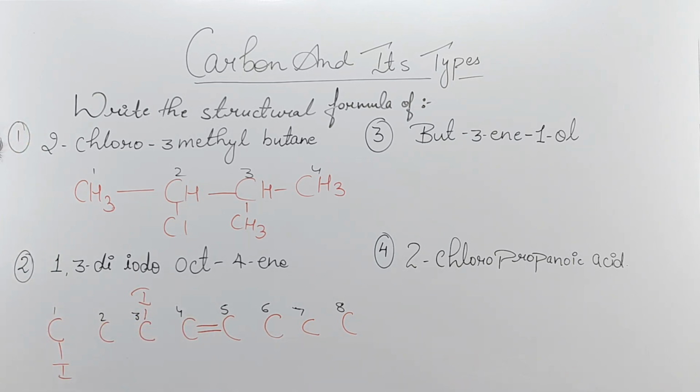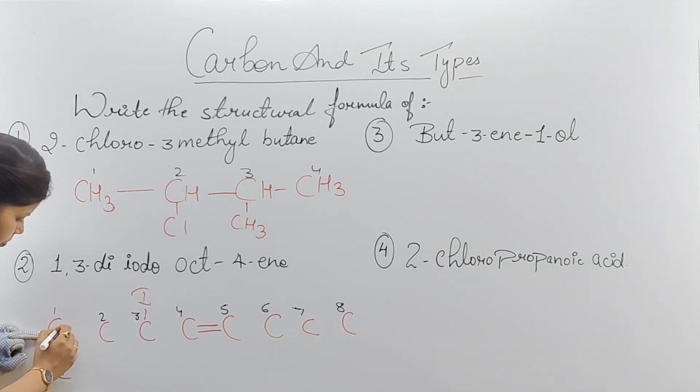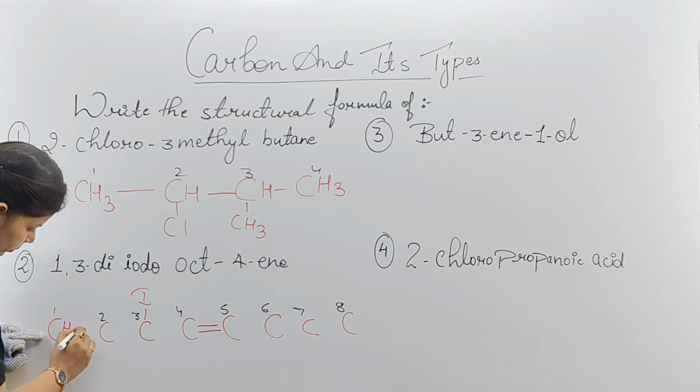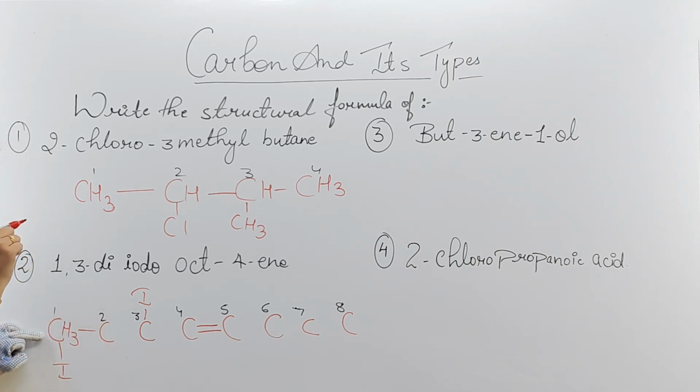Here you can see, in this case, I used another color marker for this. You know already one carbon is being connected to how many other atoms? 3. So 1 plus 3, we have CH3. That means C means one carbon and 3 from that carbon this side, this side, this side, and this side, and here we have one iodine group.